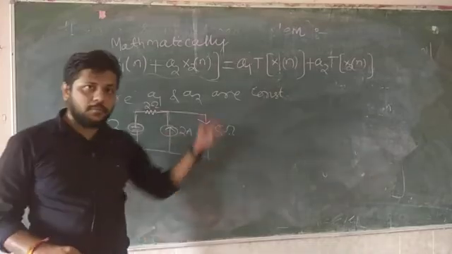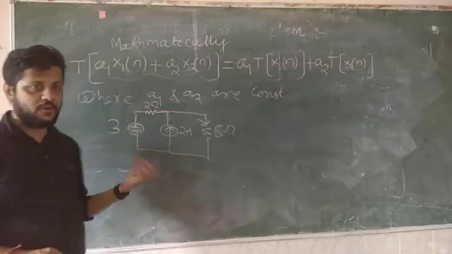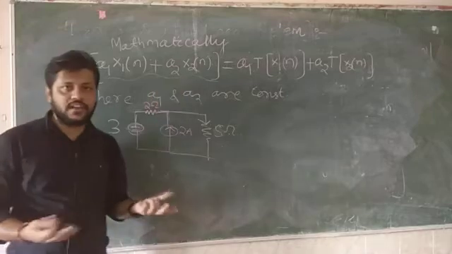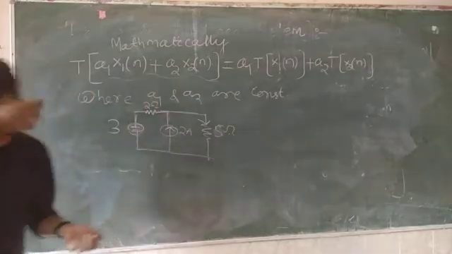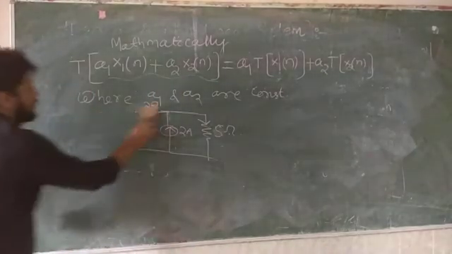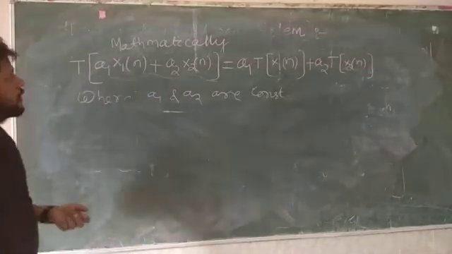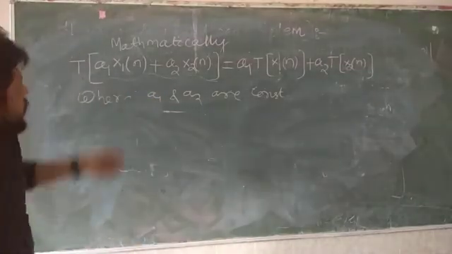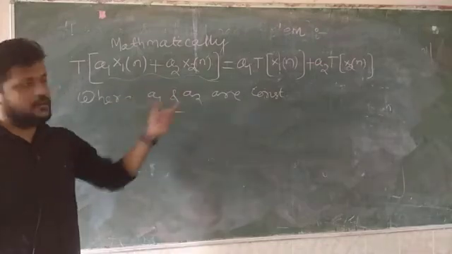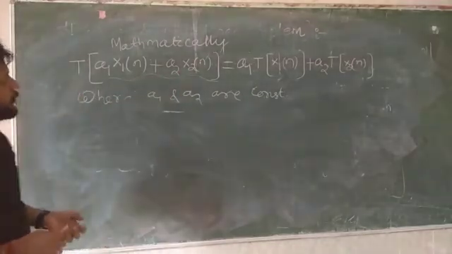And the individual sum must be equal to the response when you consider all these two sources at a time. That you will do in your circuit theory. This is just like that, where A1 and A2 are constants. So when you apply both the signals, the response you will get must be equal to the sum of the individual responses.